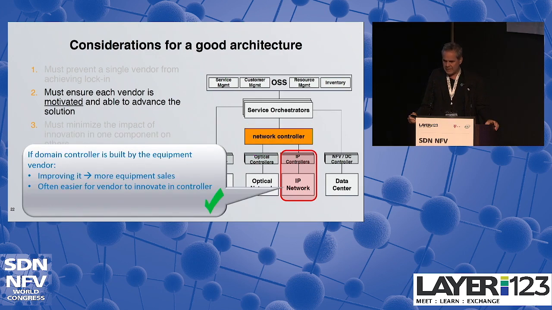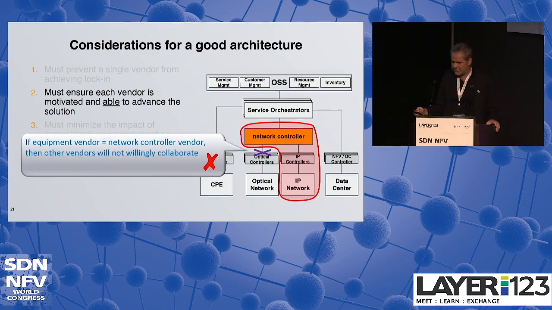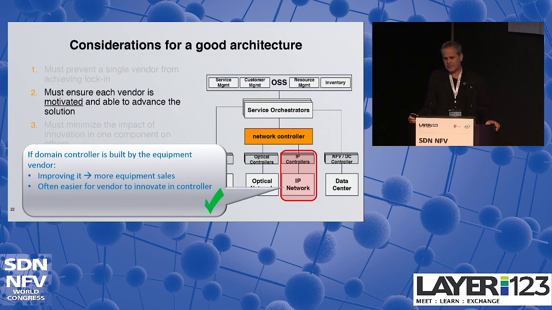So far I pointed out negative examples. You see this red X here. A few positive things. It is actually very good for the IP controller and for the domain controller and the domain itself to be from the same vendor, because then the vendor can introduce innovation more easily. A lot of times it's easier to innovate at the controller level. Furthermore, they're motivated because it improves their ability to sell hardware, which we all know is ultimately their bigger business.